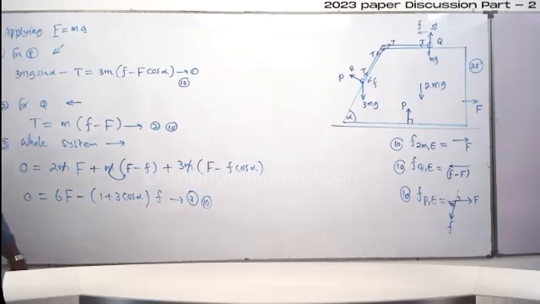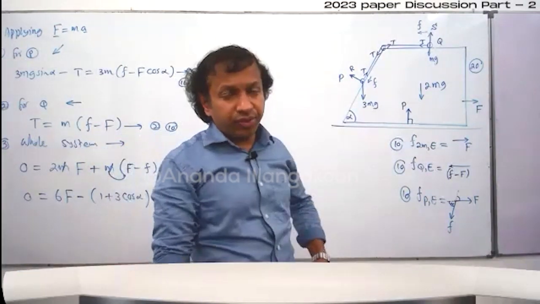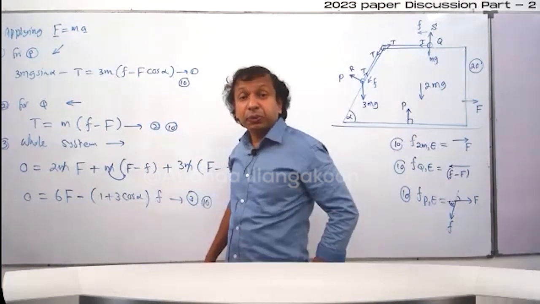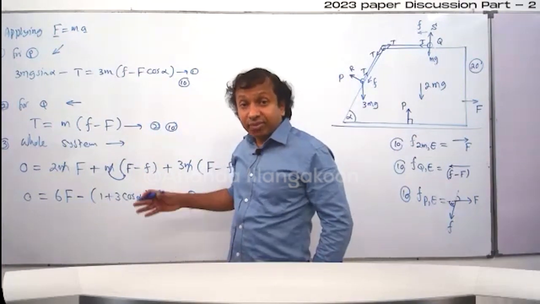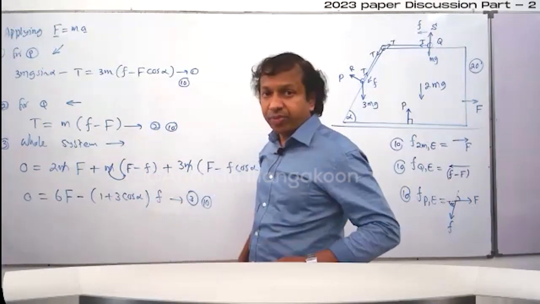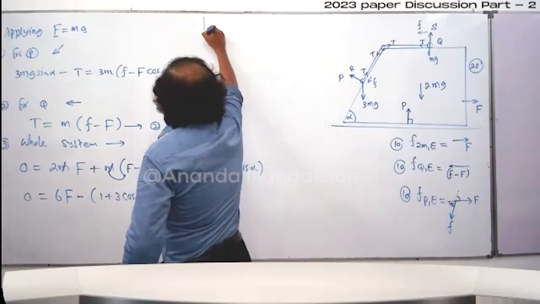I'll give the method of getting this answer. People, this is how we take the answer. You must complete the rest as homework. Simplification we know, and now the simplification part you have to do and get the answer. This is the way of getting the answer.